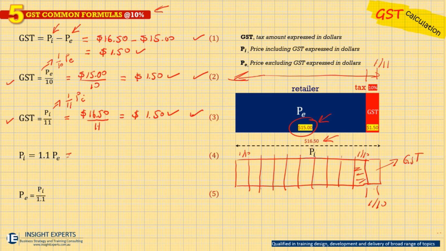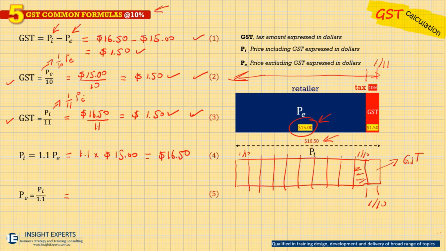So in this case, if I multiply 1.1 by 15, it's $16.50. So at any point of time, I want to calculate the price including GST, I multiply the recommended retail price by exactly the number 1.1, and that is applicable when the GST rate is equal to 10%.